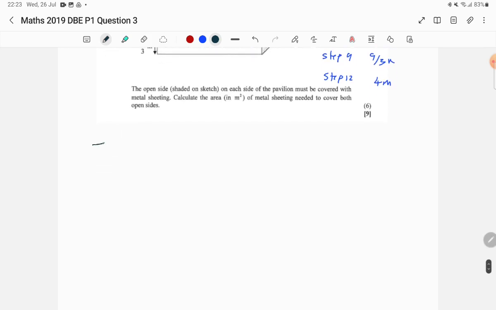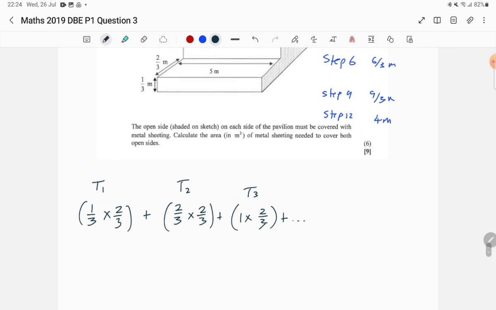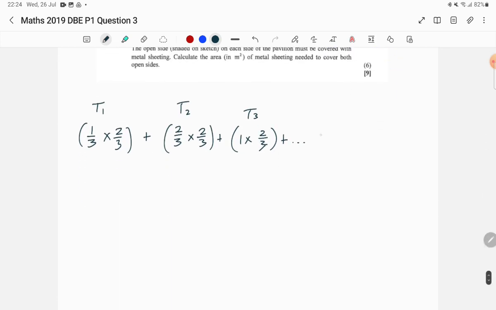If we look at T1, we have a rise of 1 over 3 times 2 over 3, plus step 2, a rise of 2 over 3 times 2 over 3 thread, plus step 3, a rise of 3 over 3 times 2 over 3 thread, and plus so on until we get to step 12, because there would be 12 steps, so that's why we're stopping at step 12 or term 12, and that would be 4 times 2 over 3.